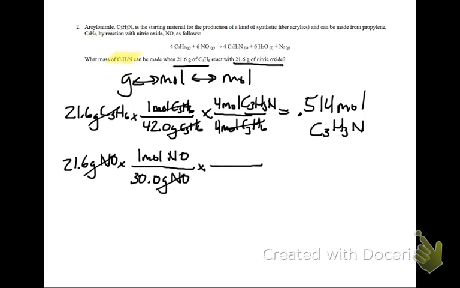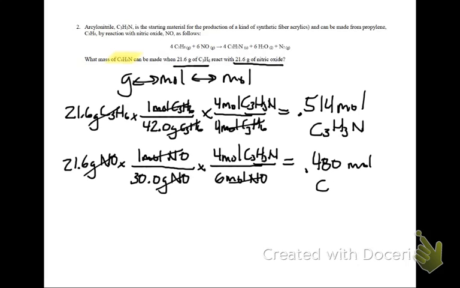And if we look up at our balanced equation, this time we have 6 moles of nitric oxide along with the 4 moles of acrylonitrile. Cancel, cancel. So what this means is this guy can produce 0.480 moles of C3H3N. Okay. So who would our limiting reactant be?